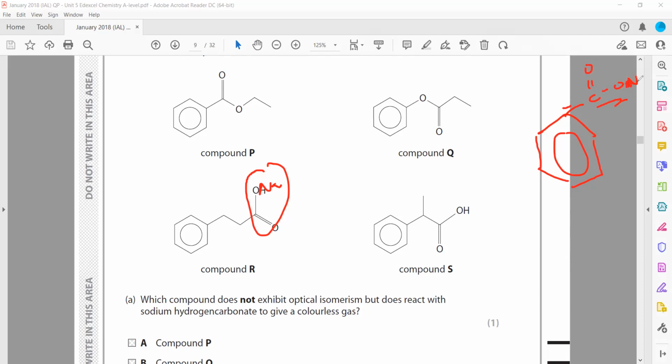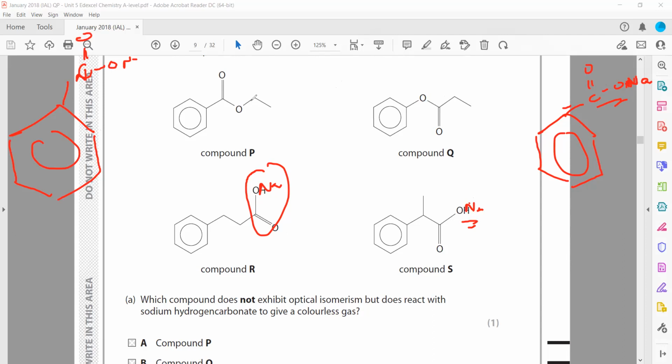And sodium benzoate means C double bonded with O and ONa. So this does not form sodium benzoate, because sodium benzoate means this structure. That is sodium benzoate. So this cannot be. The same thing happens here: this can react, but it does not form sodium benzoate.